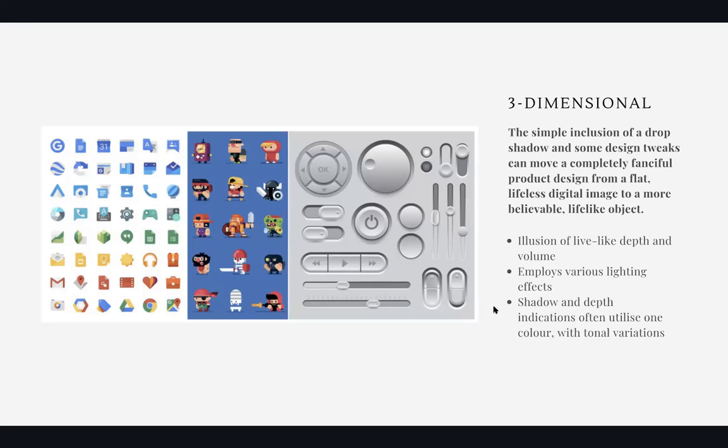Sometimes it might be one color, but you can see that with the one color, they're able to create really, really nice shadow elements, outlines, gradients, and stuff like that. Okay, so that's how you make 3D elements, okay?